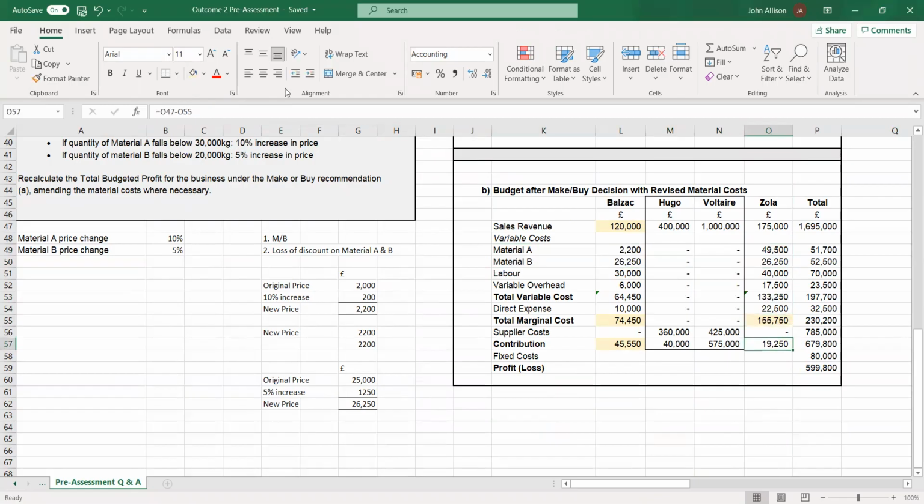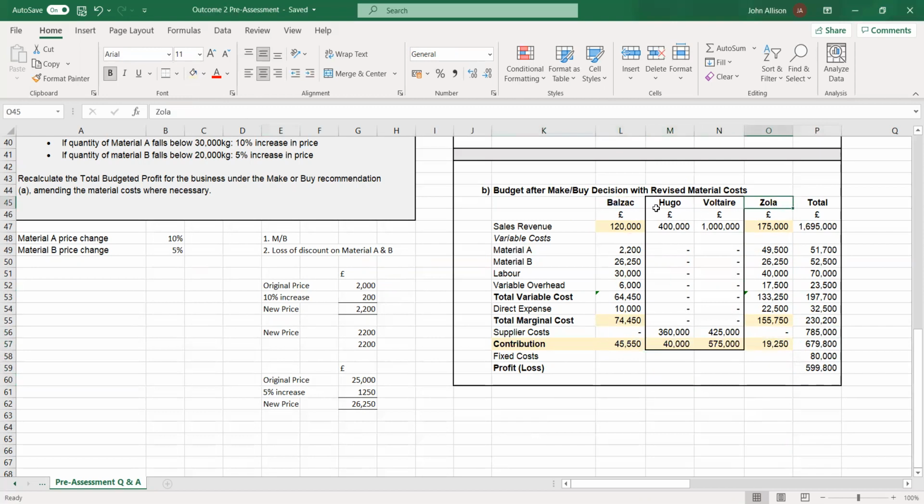Total contribution for Zola will be sales revenue for Zola of 175,000, take away the total marginal cost for Zola of 155,750, which gives me a contribution of £19,250.